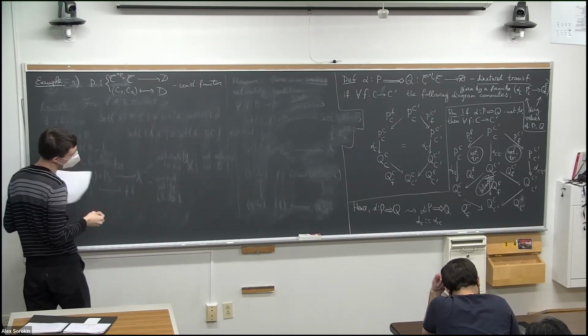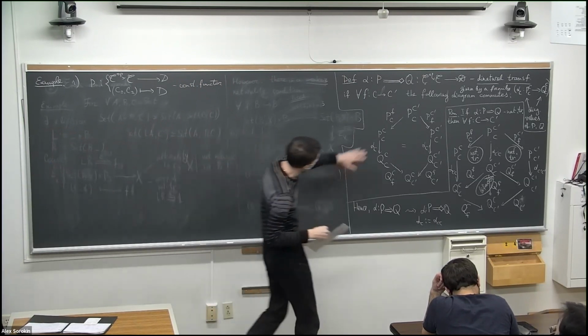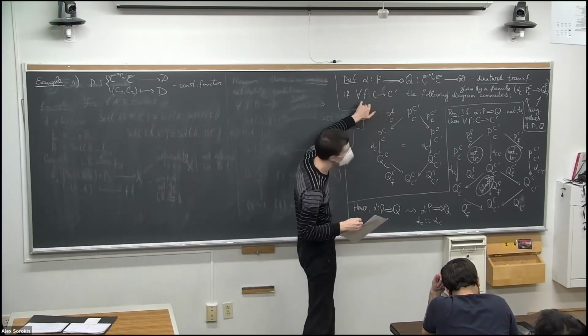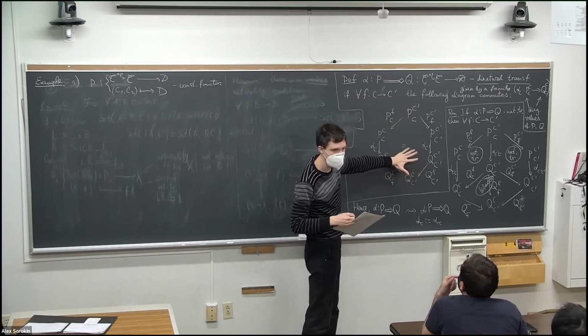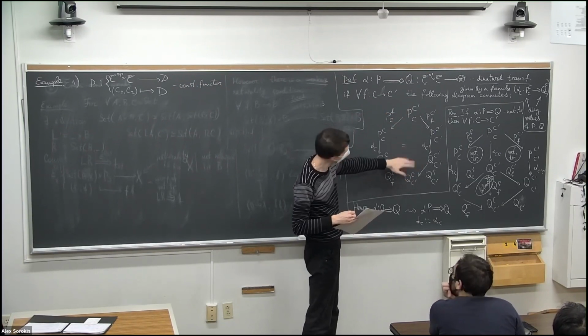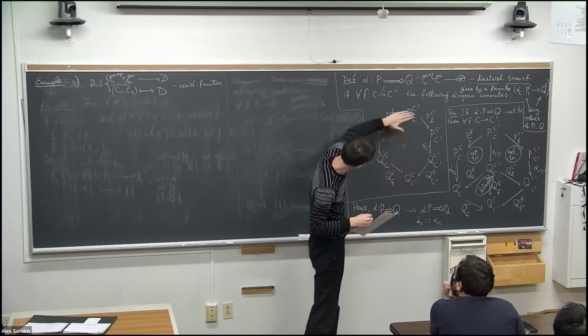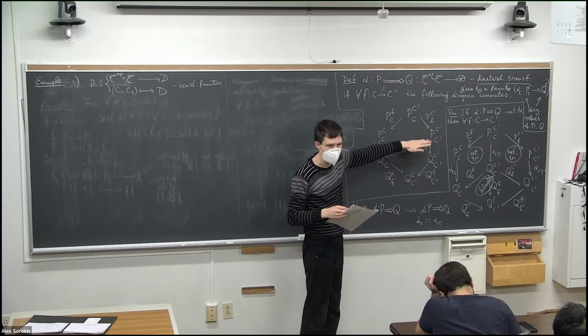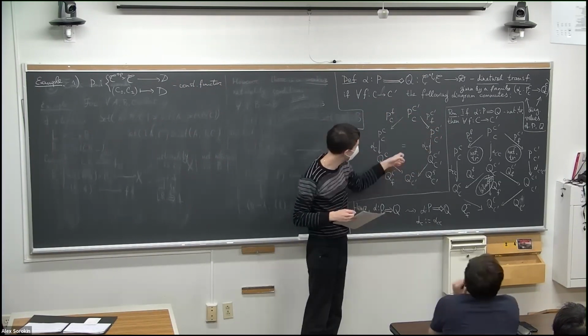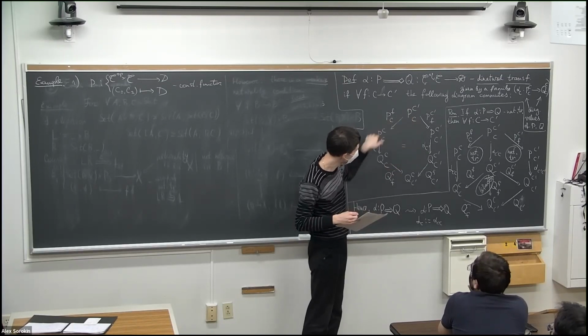Then in this case, for every f from C to C prime, in this hexagon, the top 3 objects will coincide with an object D. And instead of a hexagon, we will obtain a square.